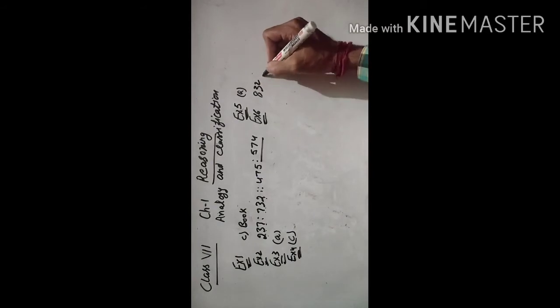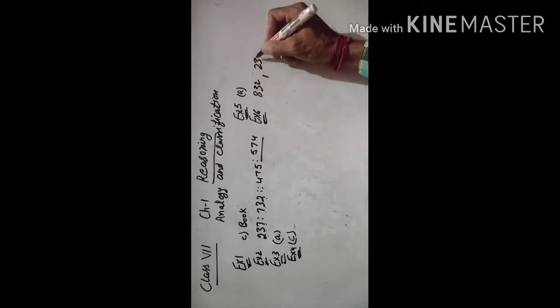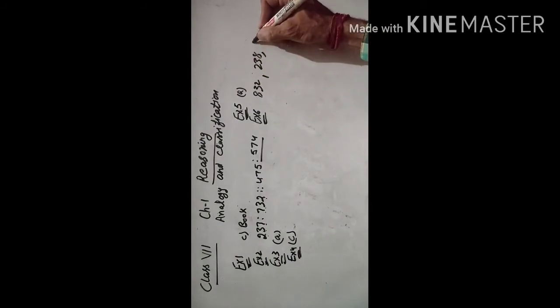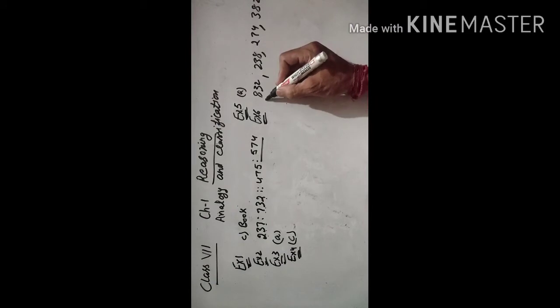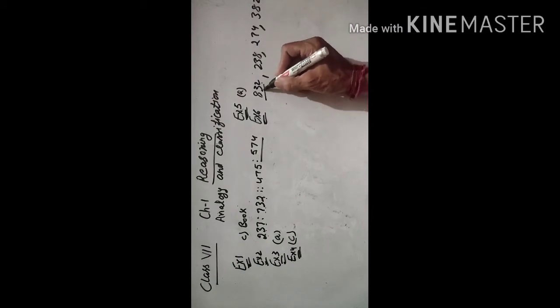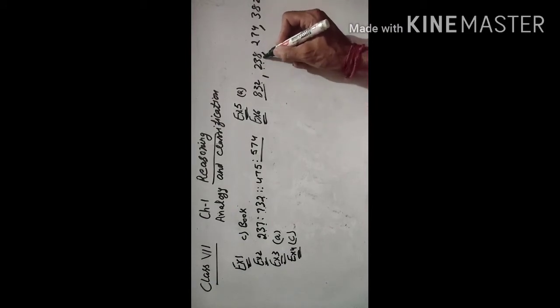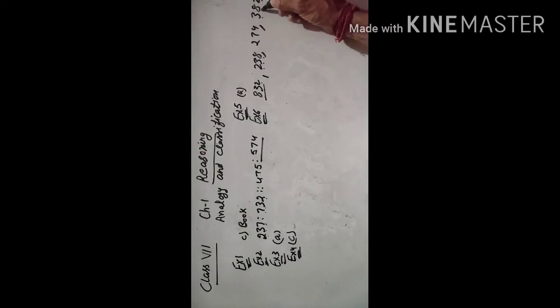Example 6 is find the odd one in the given numbers. 832, then 238, then 274, then 382. In these three digits, 2, 3 and 8 are used, 2, 3 and 8 are used, 2, 3 and 8 are used.